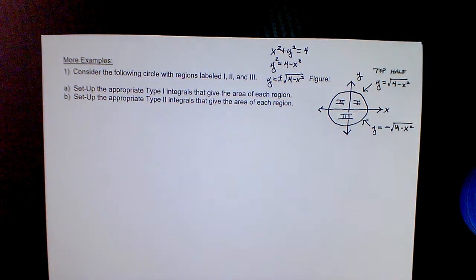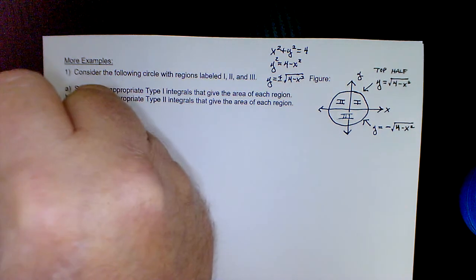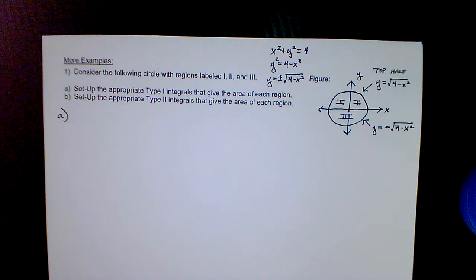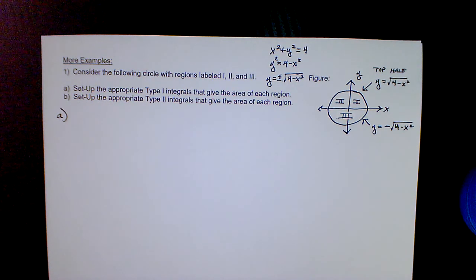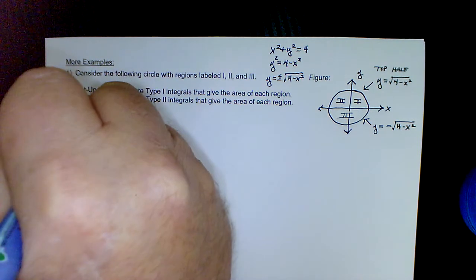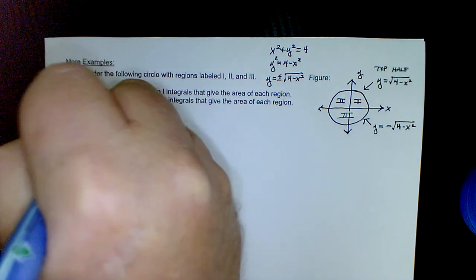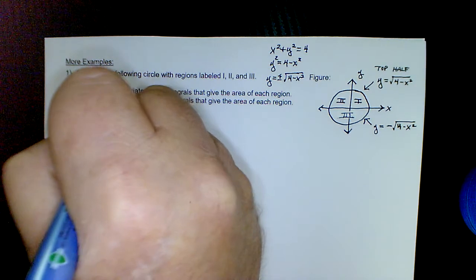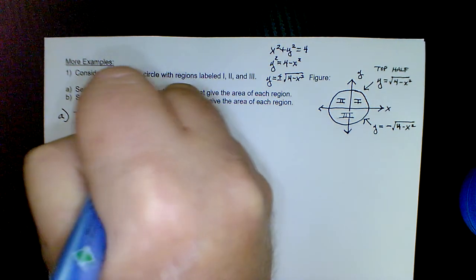And the first part of the question, we want to set this integral up with respect to type 1 integrals. So if we're doing type 1, then we know that x is fixed.